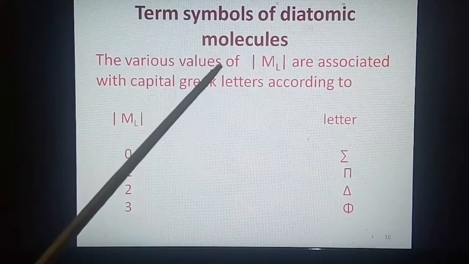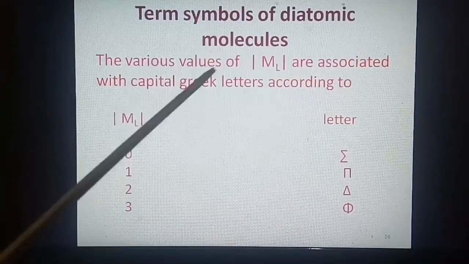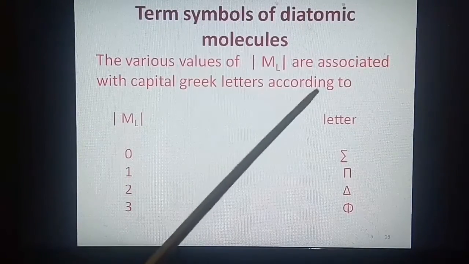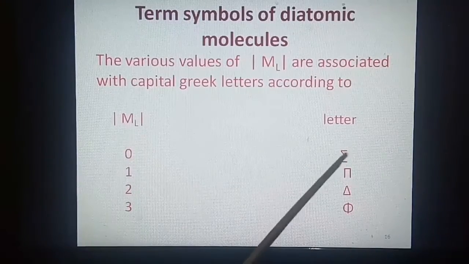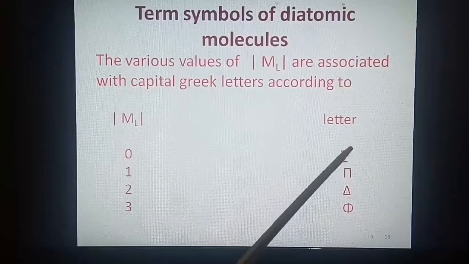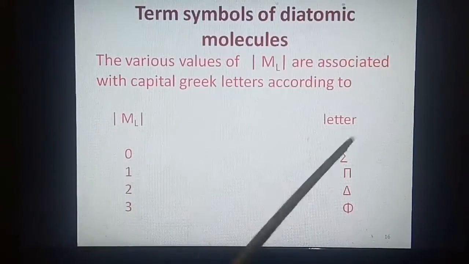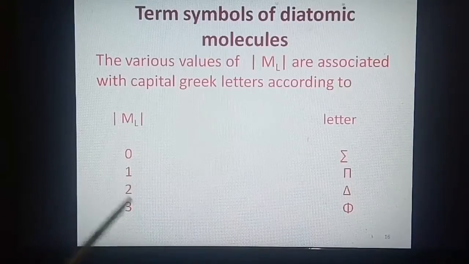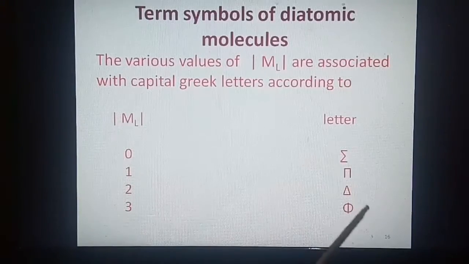Now the various values of the modulus of M_L are associated with capital Greek letters. If M_L is equal to 0, then the symbol will be sigma. If it is equal to 1, the symbol will be pi, 2 is delta, and 3 is phi.